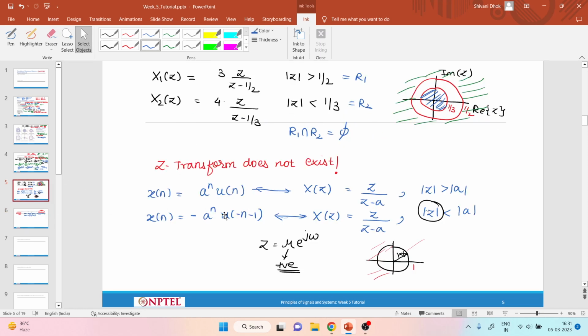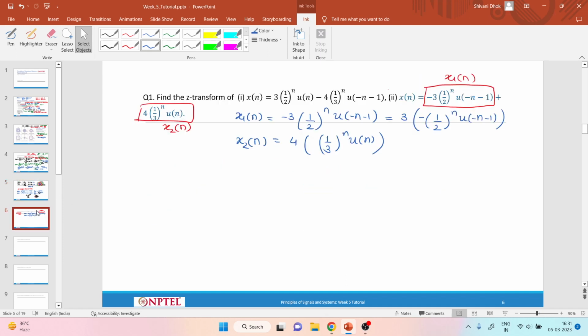The first signal is of the form minus a power n u of minus n minus 1, where my value of a is 1 by 2.